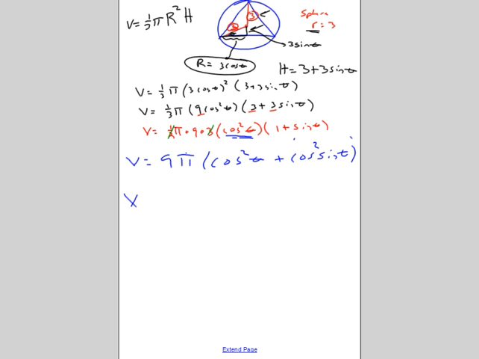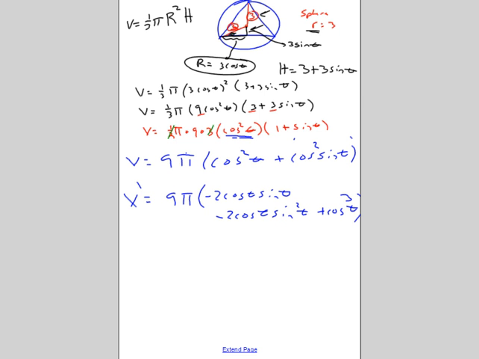So the derivative of this equals 9 pi times negative 2 cos theta sine theta minus 2 cos theta sine squared theta plus cos cubed theta. So doing a bunch of chain rules and product rules.